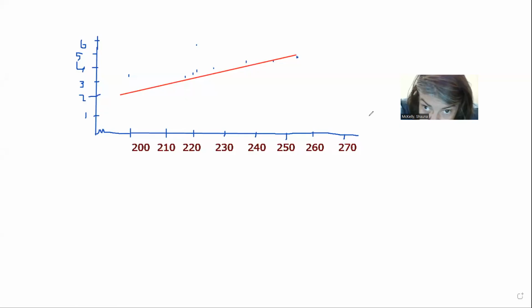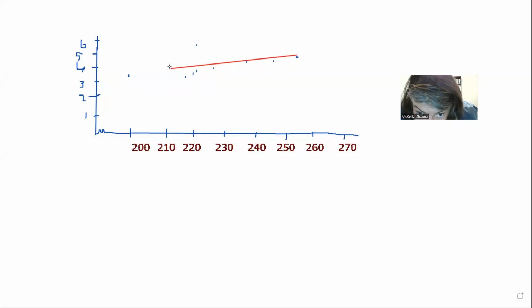I need the points to be below it. So yeah, I need to raise this. Let me erase this, because this regression line needs to be above these points. So here, this regression line needs to be above most of these. So it needs to go something like this.